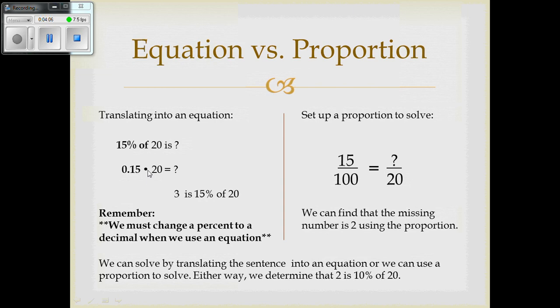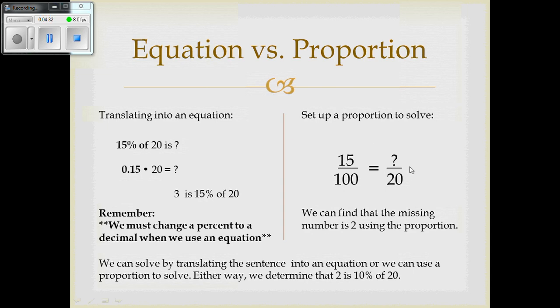The "of" translates to our multiplication. If we take 15% of something, we're going to be multiplying. 20 is just directly translated down, so we have 0.15 times 20 equals what? Well, you do that math and you get the number 3. So we know that 3 is 15% of 20.